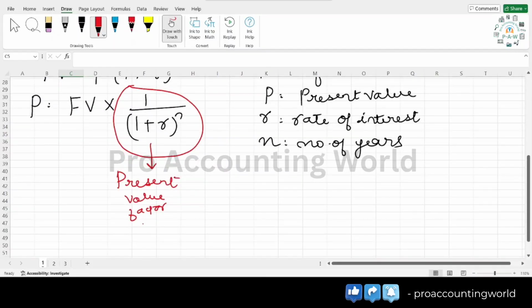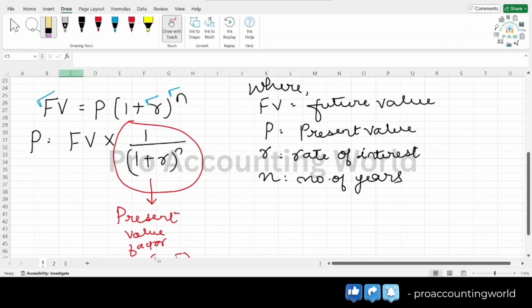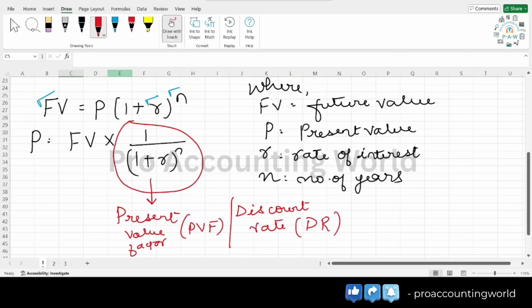This 1 divided by (1 plus R) raised to N is technically called the present value factor, which can also be called PVF. Or it can also be called the discount rate, that is DR. DR doesn't stand for debit here, DR stands for discount rate.